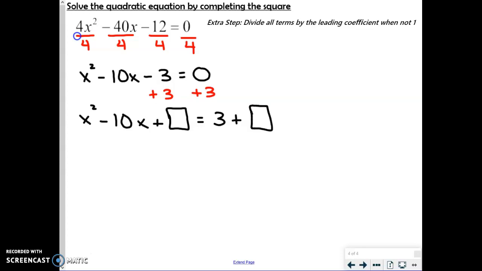Okay? Remember, the something is that new c, and in this case, c is equal to half of negative 10 squared, which is 25. So we add the 25 to both sides of our equation.